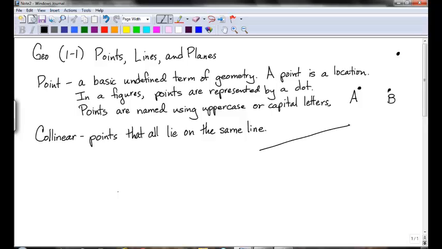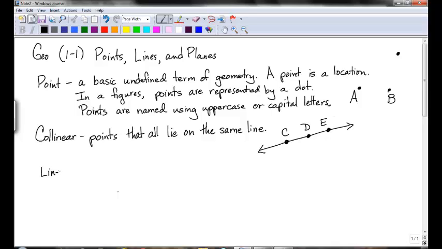So if you draw a line, you need to make sure you put an arrow on both ends. And collinear would mean, if I say I have 3 points, let's say this is point C, point D, and point E, C, D, and E are collinear. They all lie on the same line.